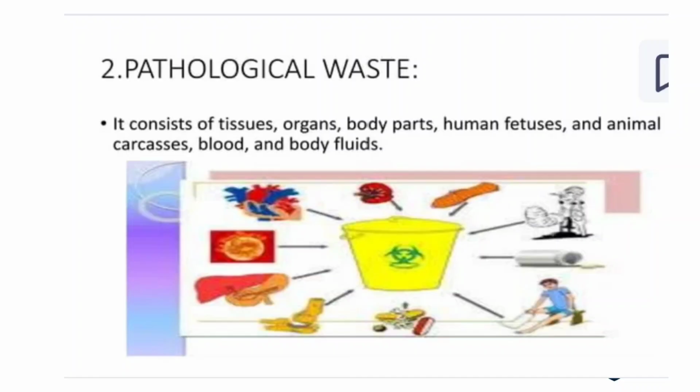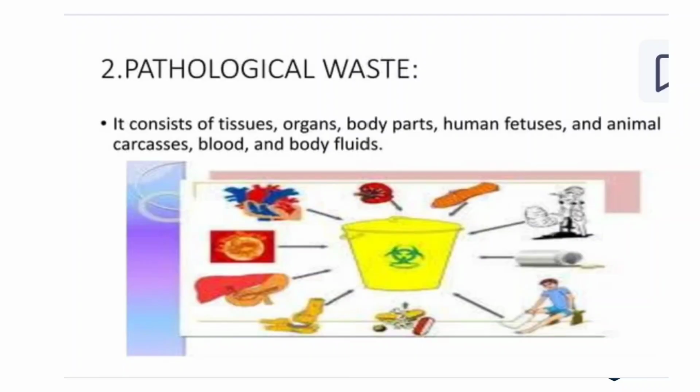So first we have seen infectious waste. Next comes the pathological waste. It consists of tissues, organs, body parts, human fetuses and animal carcasses, blood and body fluids.